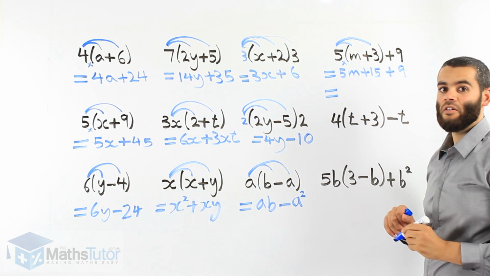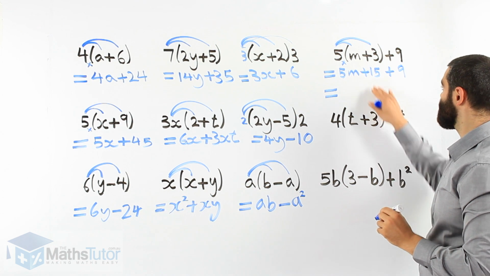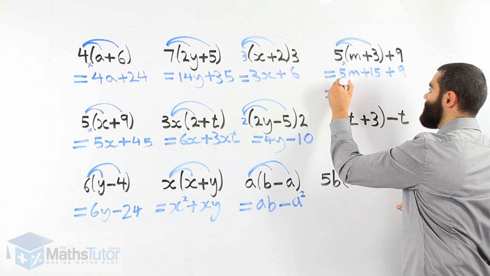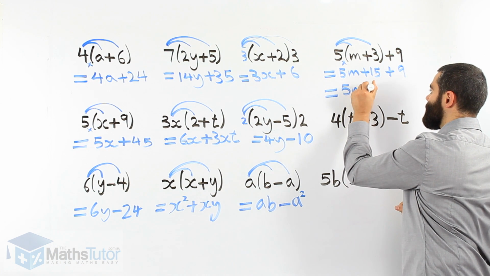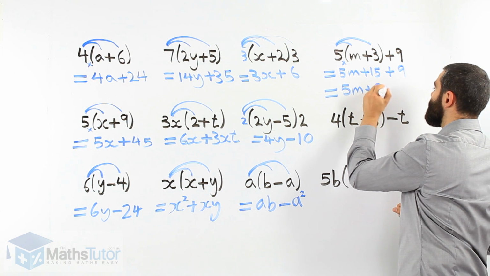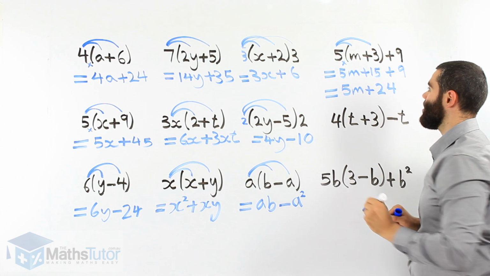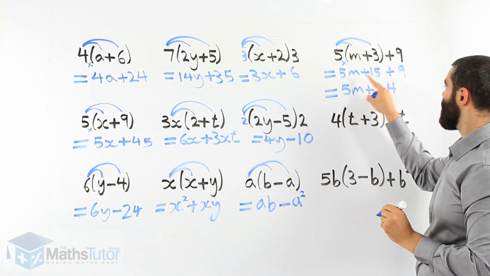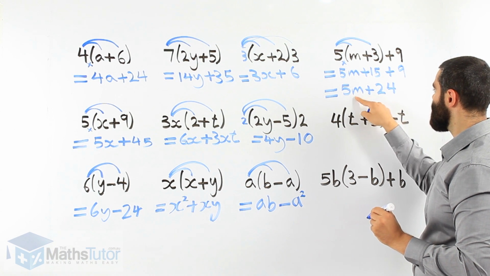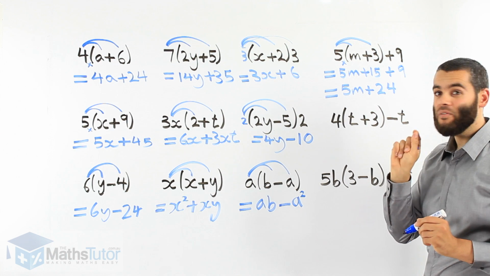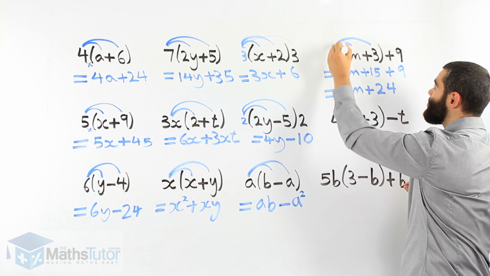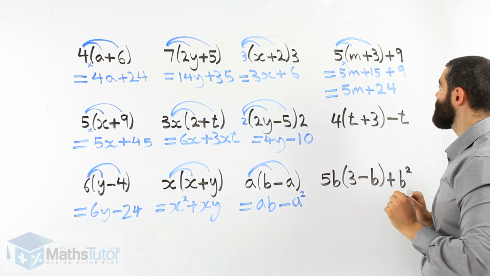And we notice we can actually simplify even further because we have like terms. The 15 and the 9 are like terms. So 5m plus 15 plus 9, 15 and 9 become 24. 5m plus 24. Very, very important. When you're expanding, you're only expanding what's in the brackets. Be careful not to join the 9 as well.